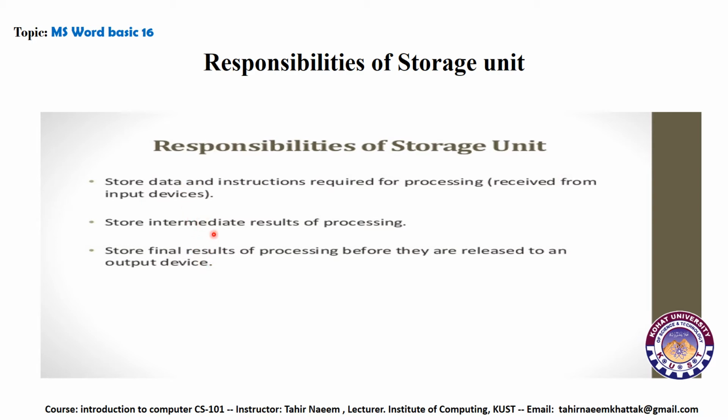First, it stores the data and instructions coming from input devices. Then after forwarding this data towards the CPU, it also stores the intermediate or semi-finished data for further processing. After the processing is complete, the storage unit also stores the results before sending them towards the output unit.